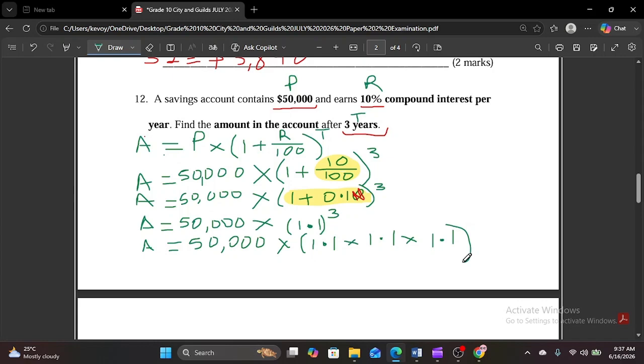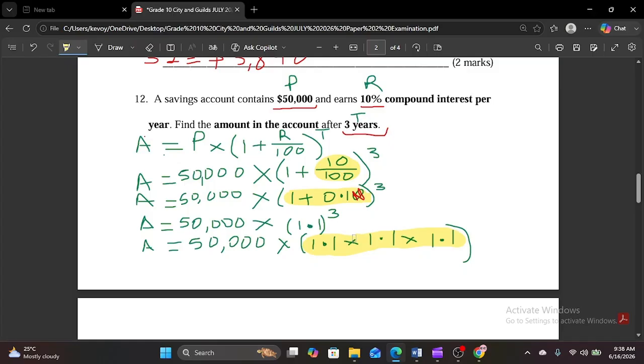So we multiply the number by itself 3 times. And we're going to multiply before we do anything in the bracket. So we're going to multiply 1.1 by itself 3 times before we multiply it by the 50,000.